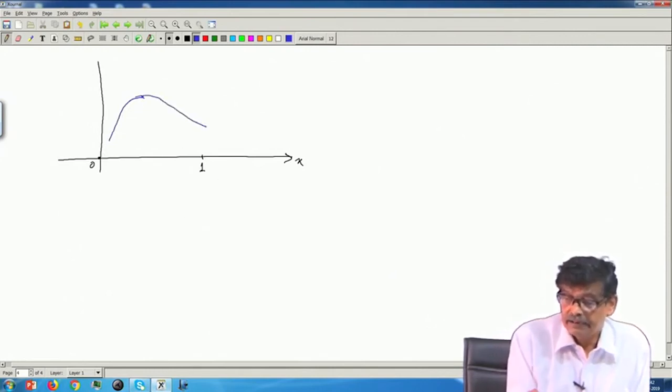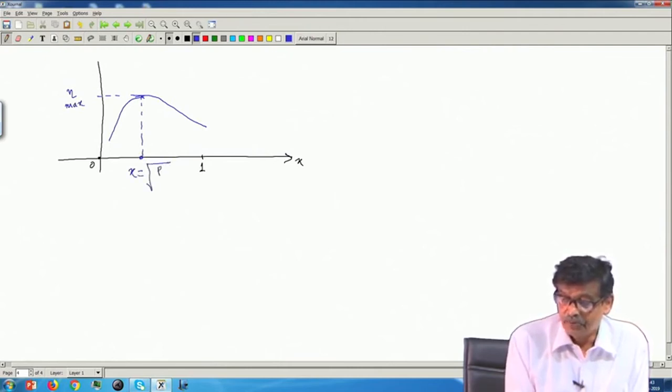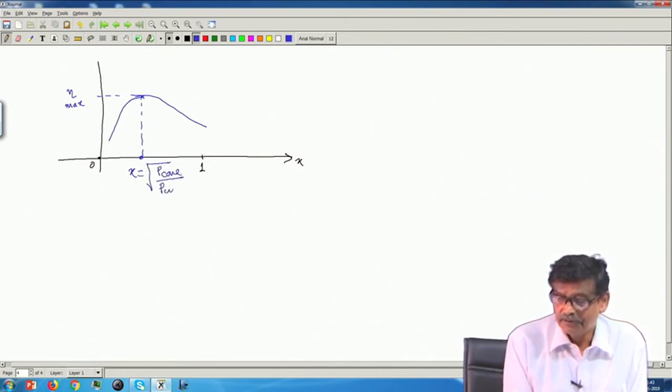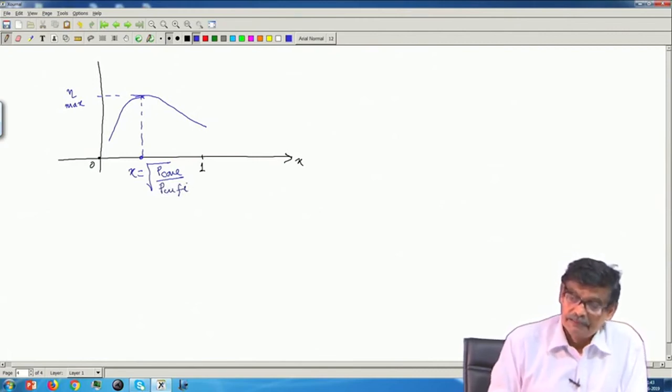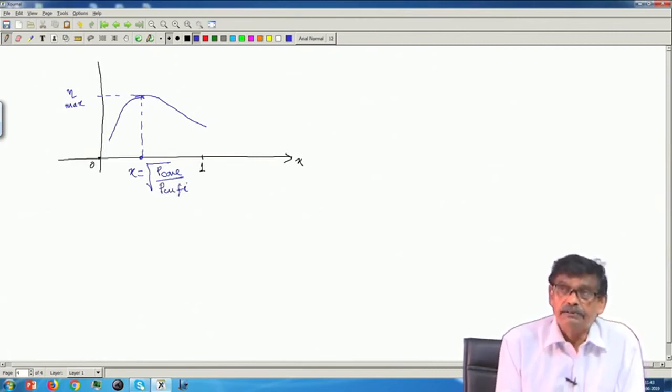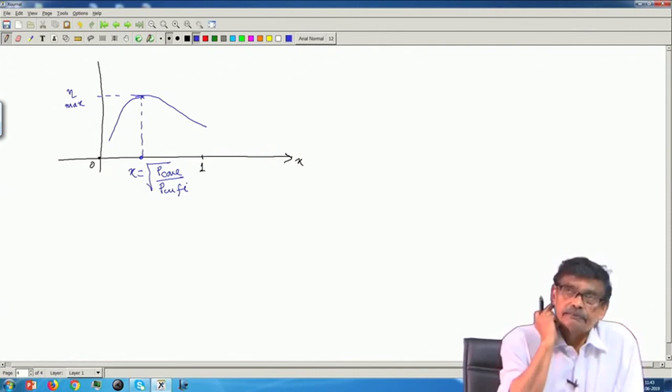And this is your eta max, and I will write the value of x here as root over P core divided by P copper full load, and it will give you a number, it is dimensionless x.